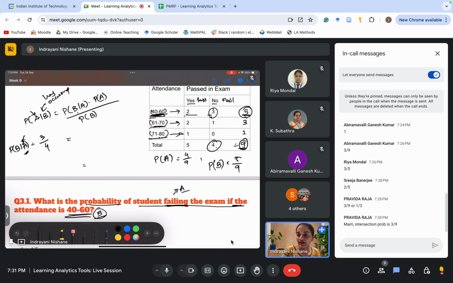The student has already failed, and then we ask what is the probability that their attendance is between 40 to 60.